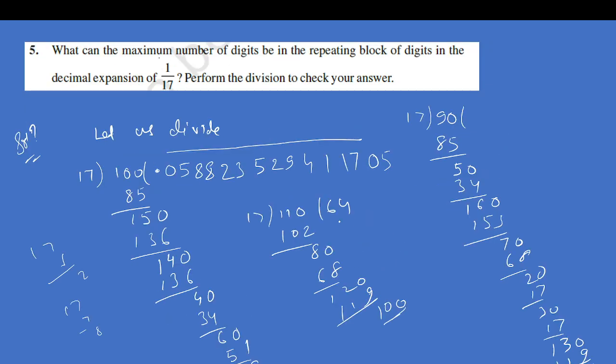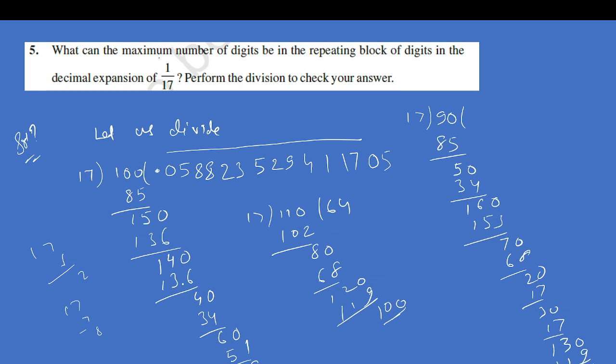Now, what can be the maximum number of digits in the repeating block of the decimal expansion of 1 by 17? So ultimately you see 17. What we have learned earlier: perform the division to check your answer. We have performed the division also here.